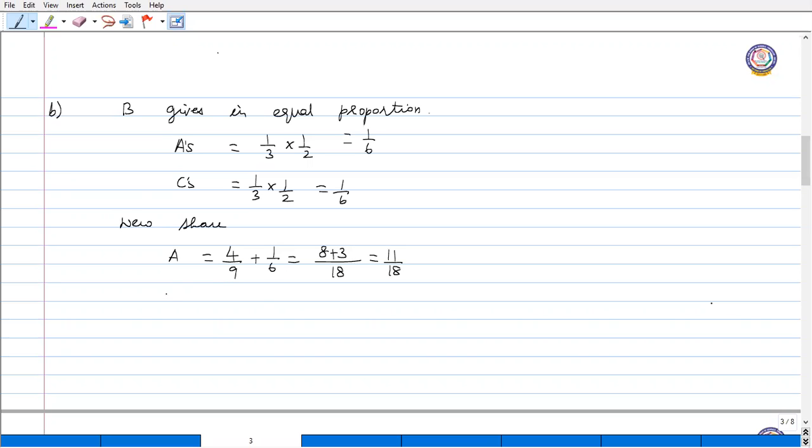So 11/18. Now C's new share. Old share is 2/9. The share acquired from B is 1/6. So 7/18. So the new share of A and C is 11:7.